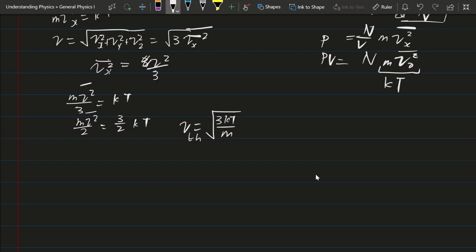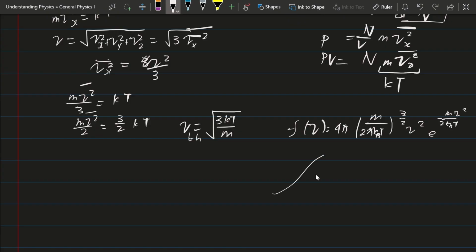So this is the probability density. This is 4 pi, m over 2 pi kB T, where kB is the Boltzmann constant, to the power of 3 over 2, v squared, e to the power of negative m v squared over 2 kB T. So the value is something like this for a certain temperature.